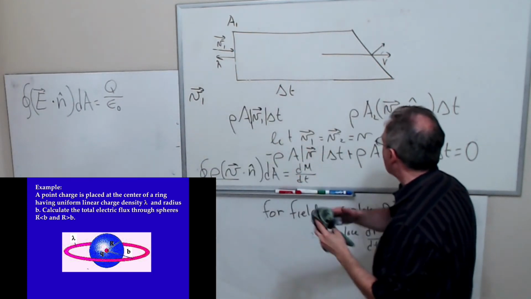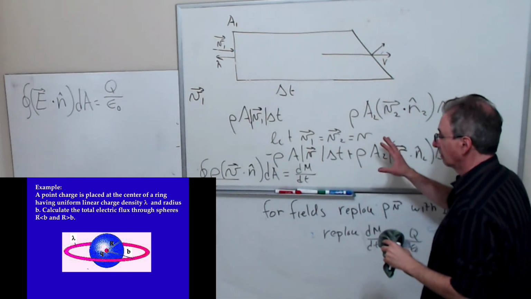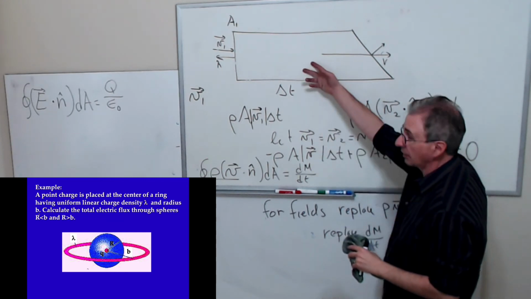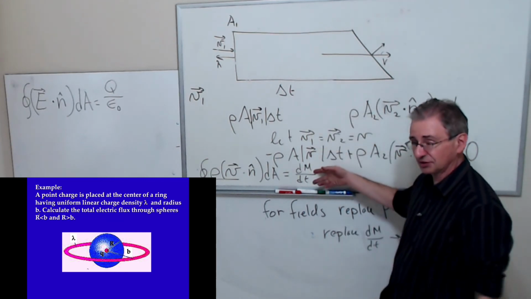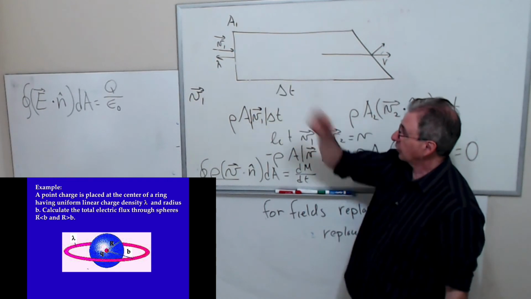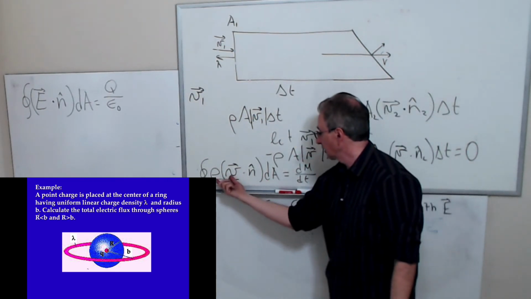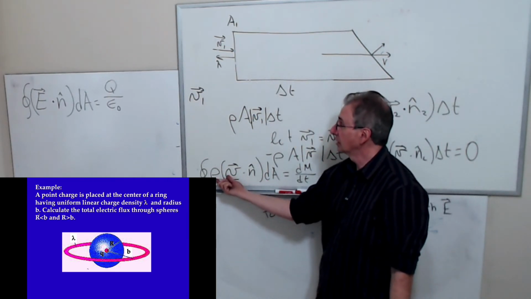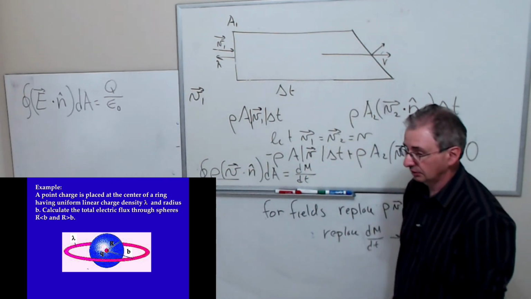We can use the analogy with the water pipe, where we replace the rate at which mass is going in or out of the water pipe with Q over epsilon naught, and this density times velocity with the electric field. It's the same thing.